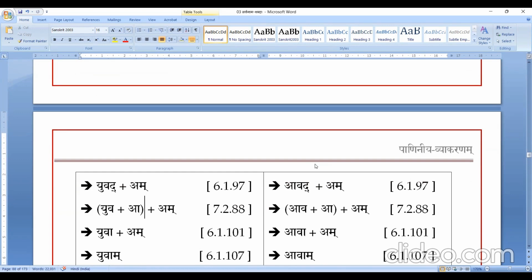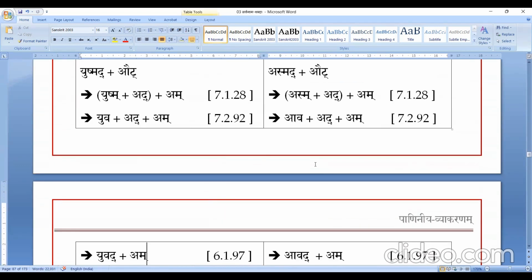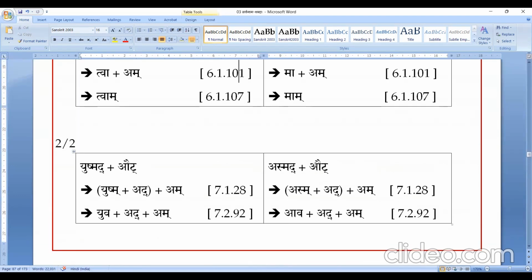Pratamayascha Dvivachane, but this is a Pratama. 7.2.88 I think this is a copy paste problem. This must be 7.2.87, not 88. Okay, 7.2.87, that's the sutra we are seeing here.